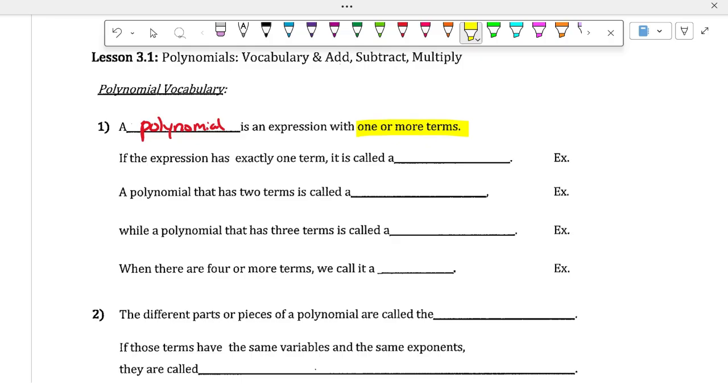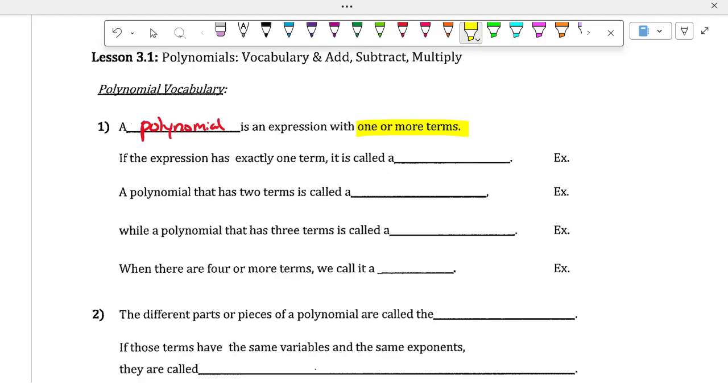Think about what you actually are doing there. For example, in the problem we just did, 14x we considered a term, negative 5x squared we considered a term, 8 is considered a term. A term is basically the values between the pluses and minuses. The pluses and minuses separate them.